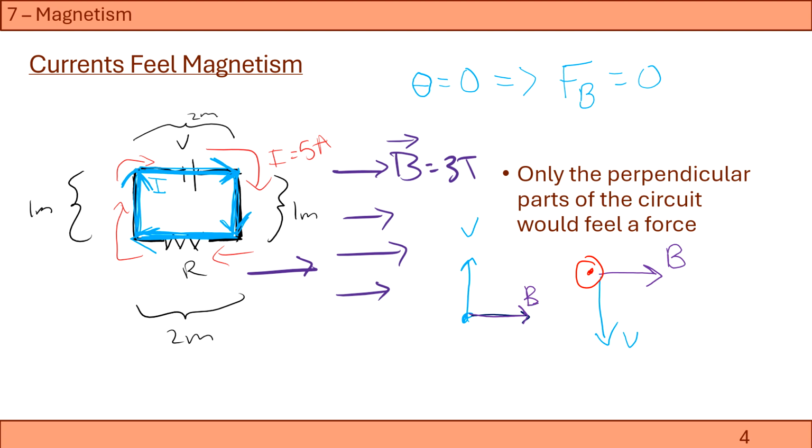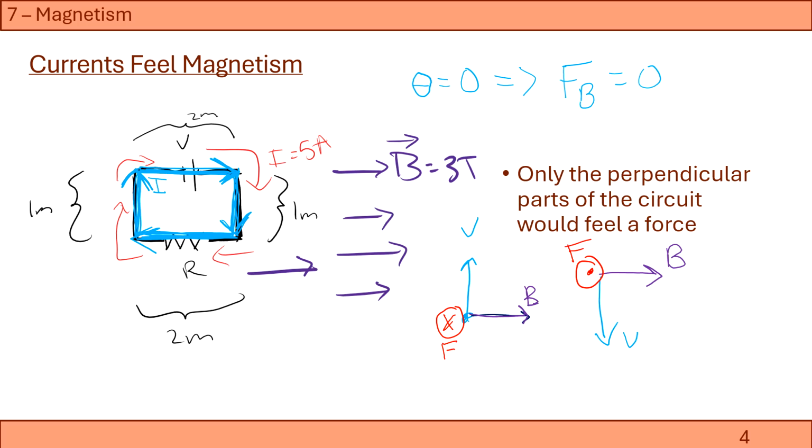Put your second finger aligned with the magnetic field, that's to the right. You're going to get a force that's into the page, and we'll signify that with a cross and a circle.